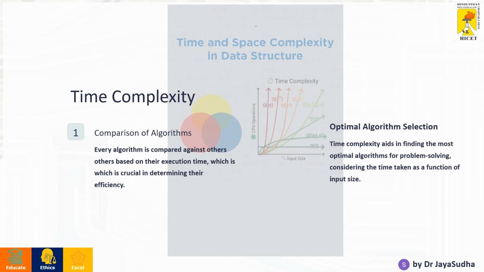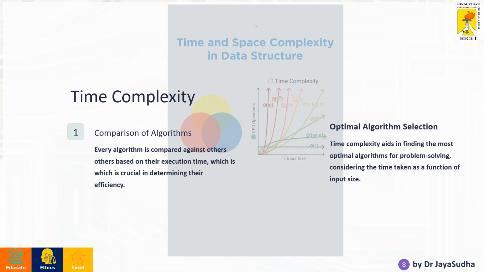Time complexity. It measures the efficiency of an algorithm in terms of the time it takes to execute as a function of the input size. For data structures, time complexity analysis helps us to understand how efficiently various operations can be performed, operations such as searching, sorting, or traversing elements.